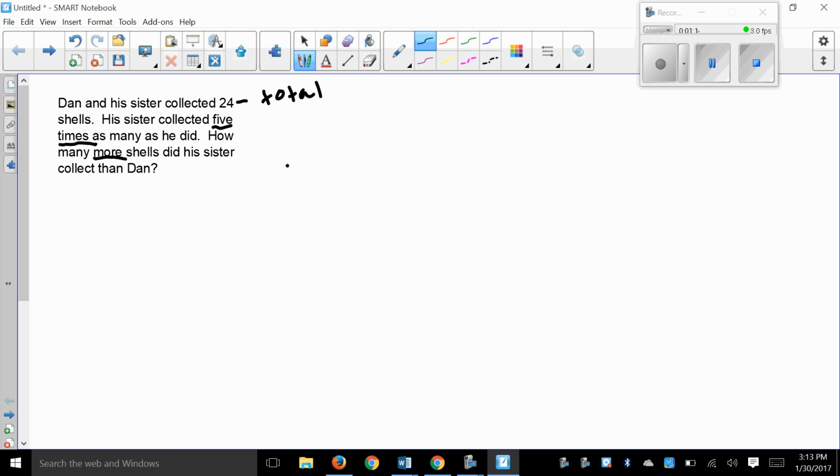So I'm going to represent Dan's shells. I know he collected some with 1 bar, 1 part. And because his sister collected 5 times as many as he did, I'm going to make her bar 5 times as big.